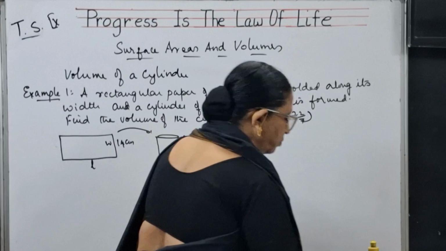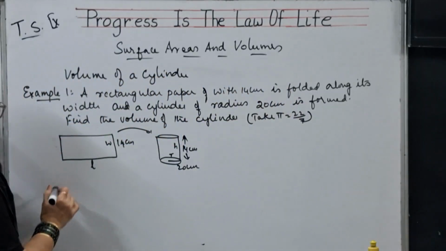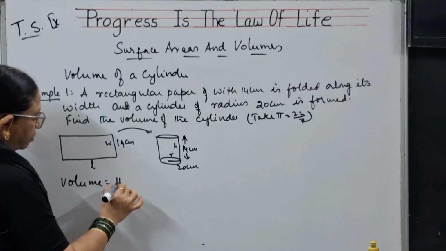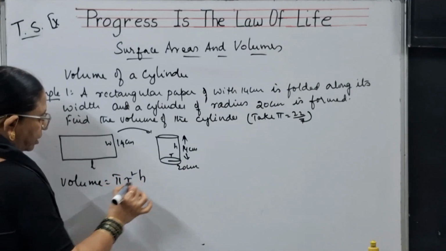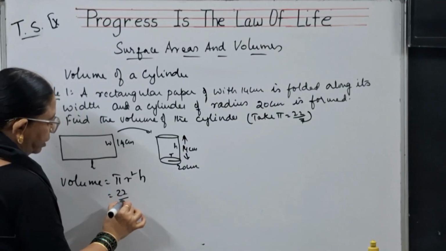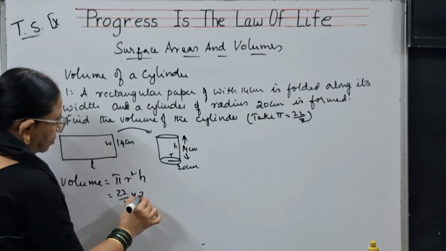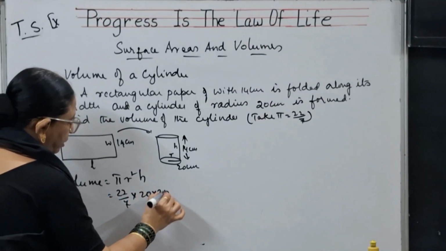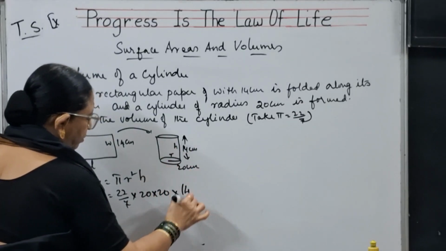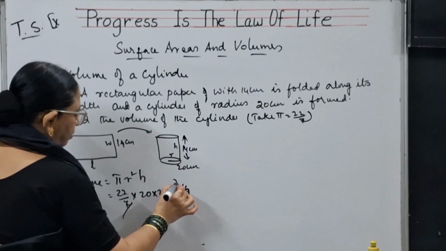Now the question is, what is the volume? So volume formula. Volume is equal to pi r square h. Pi they have told you to take 22 by 7 into radius 20 into 20, r square, into height 14. So 7 ones are 7, 7 twos are 14.